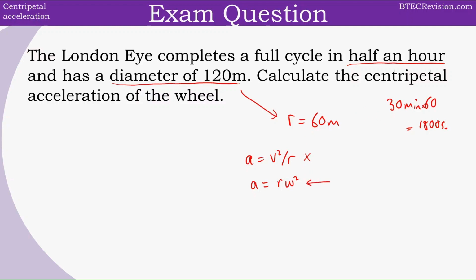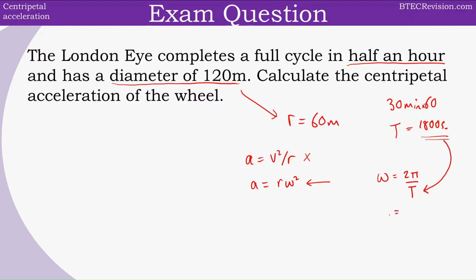So this is the more relevant one because we have angular speed here, which is equal to 2π divided by the time period. And you can see we have a full cycle in half an hour, so a full cycle in 1,800 seconds. And a full cycle is known as the time period, so this is our capital T value here for time period.